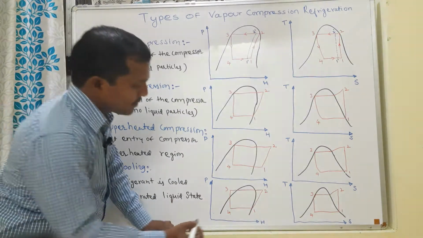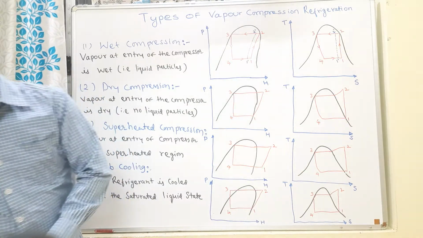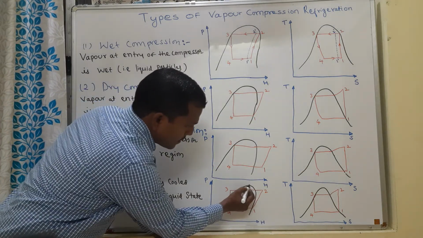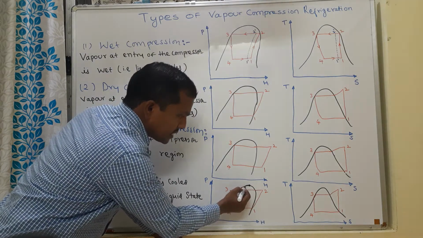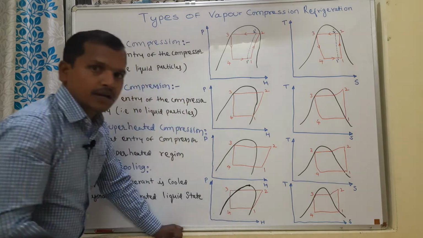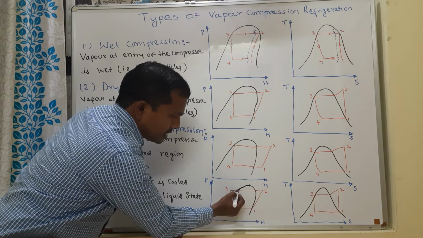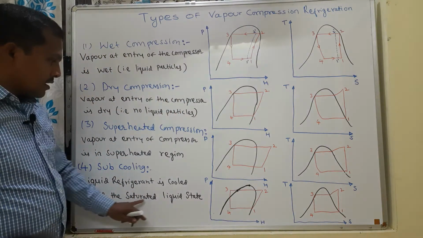So this is the saturated liquid line. This is the critical point. This line is the saturated liquid line. So this point is the saturated liquid state.